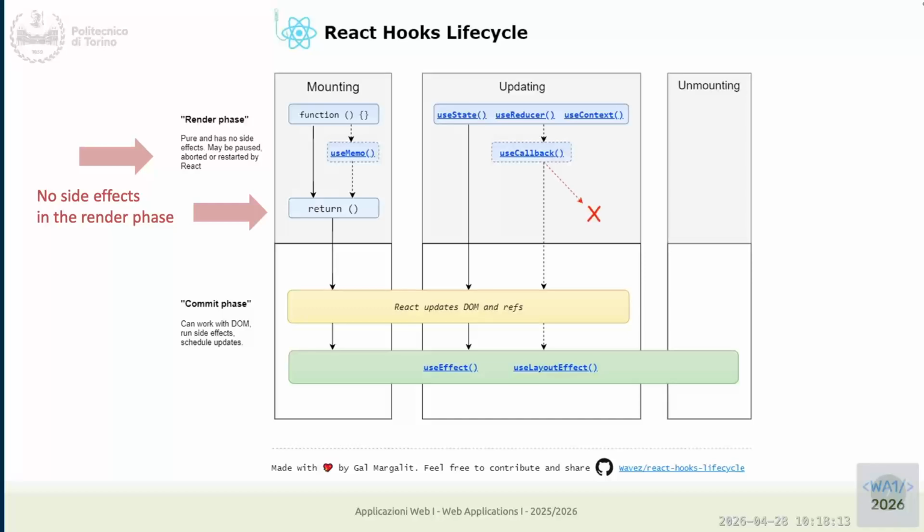But what happens if we need to have some side effect? If a component actually needs to change some information outside itself or to receive some information from the outside, this cannot be done in the render phase. It can be done in the second phase, which is the commit one. Okay? So we already know something that may happen in the commit phase. For example, when the event handlers run, onClick is an action that happens in the DOM.